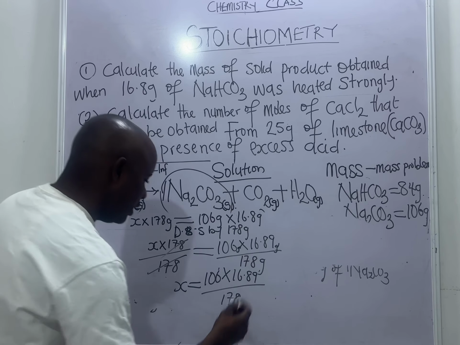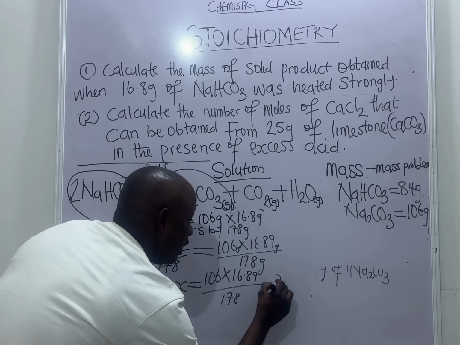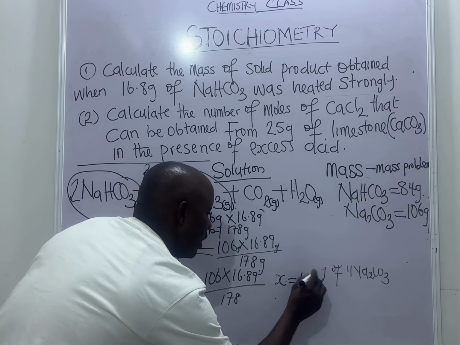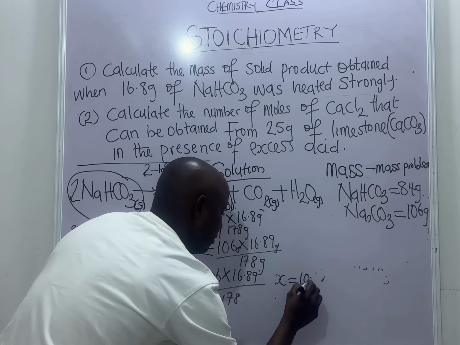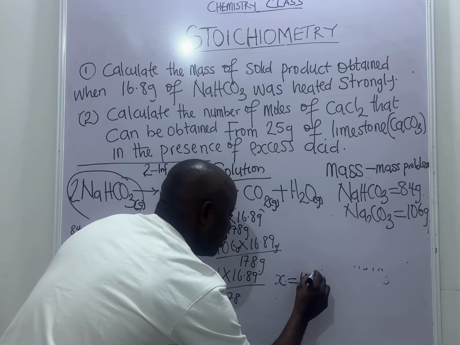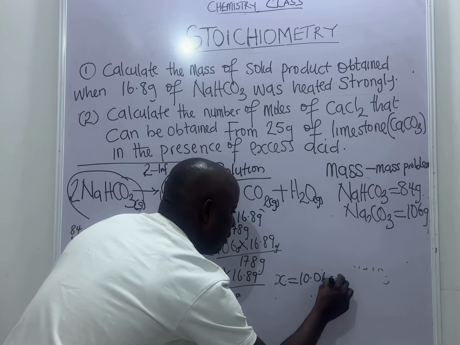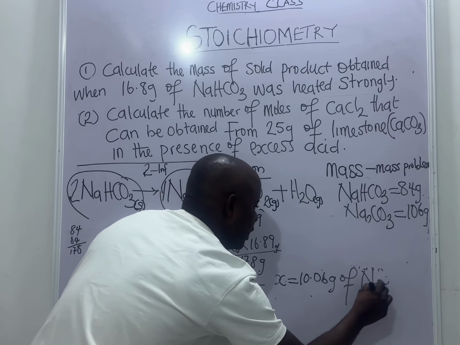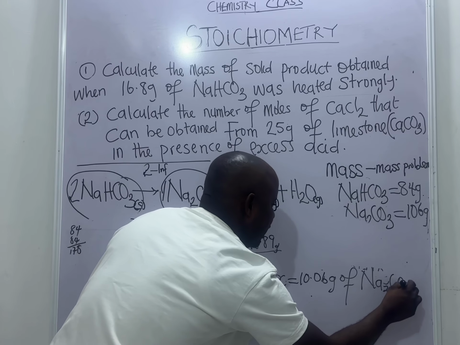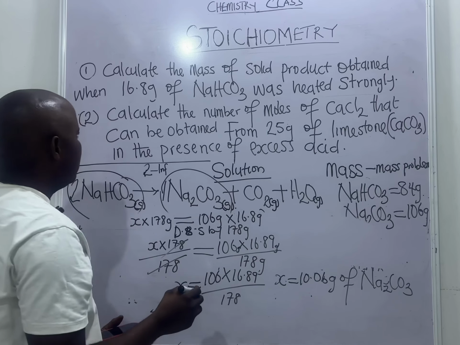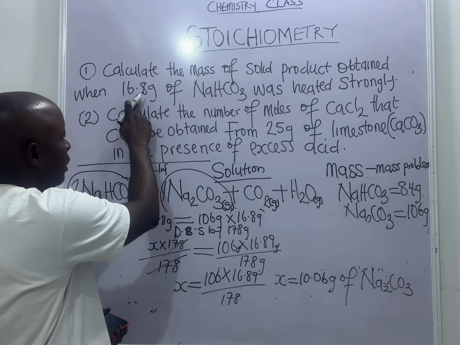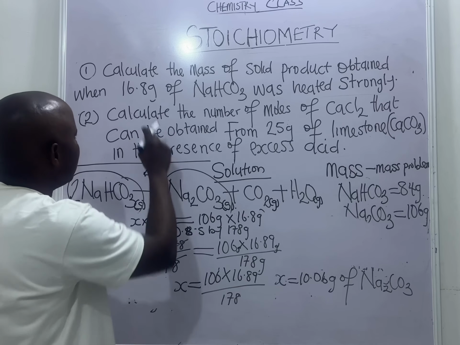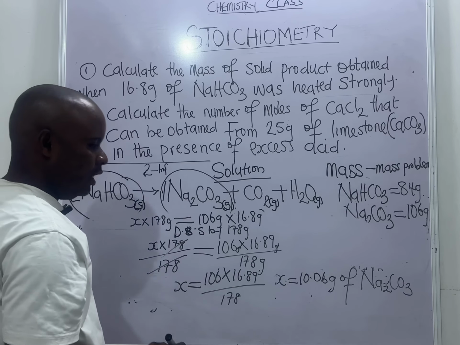Here we have S is equal to 10.06 gram of this compound is formed when 16.8 gram of sodium hydrogen trioxocarbonate is heated.